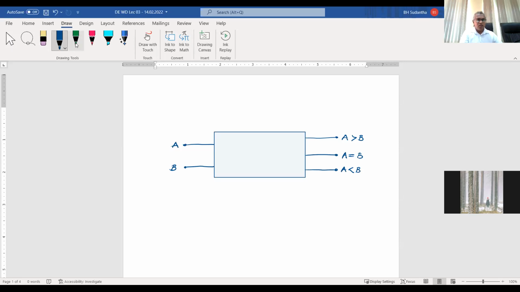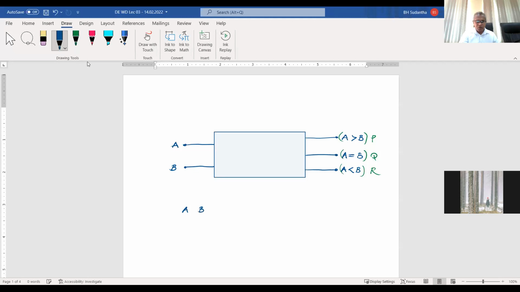But for all these things, shall we take a single letter? Shall we take this as P, and this is Q, and R like that? Then we can make a truth table.